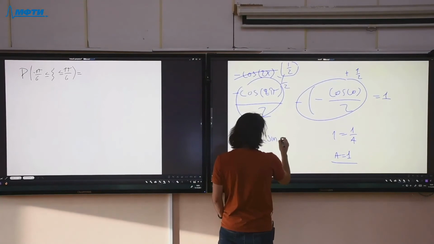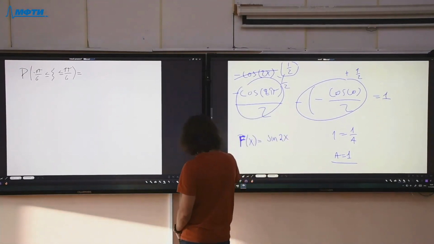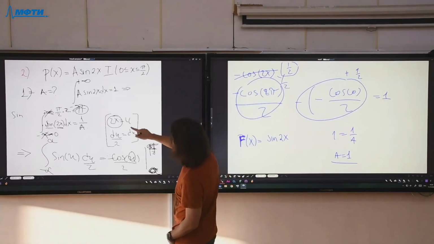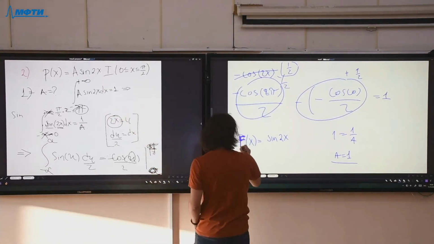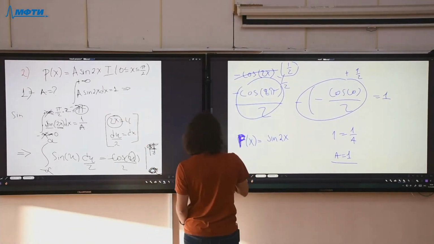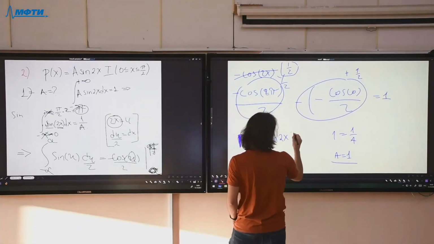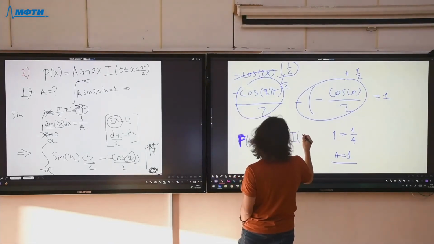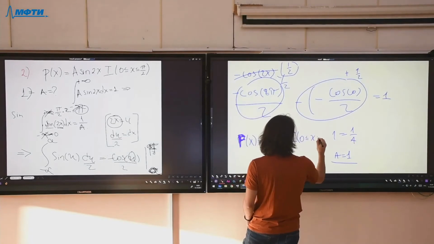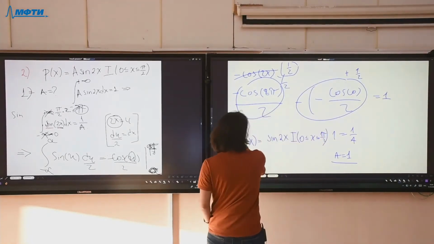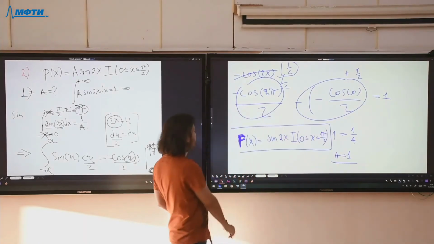Sine of 2x. No, the PDF was given. What was given? I already got confused. So yeah, the PDF is sine of 2x in this form, right? So we know that this is the PDF, right?